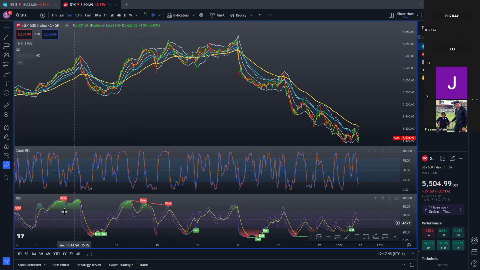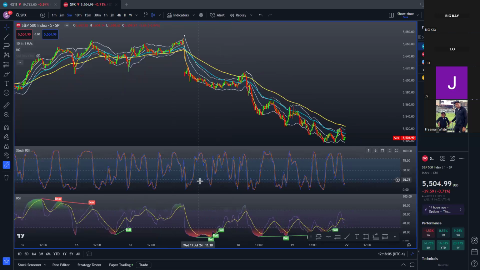I get the divergences from the MACD on here, and then I still get overbought and oversold situations from the Stoke RSI. I like to use both in combination. I said, you did everything in one. But like you said, by doing this with the Stoke RSI, this is giving some real nice situations.